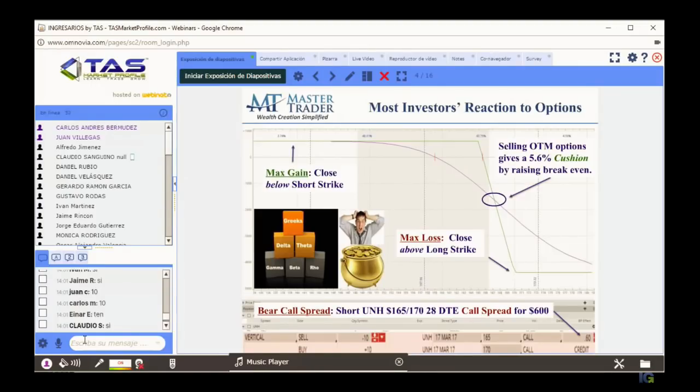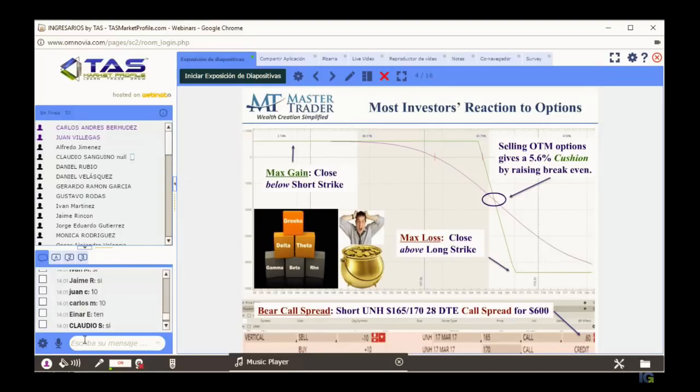Instead, we're going to help show you how to turn opportunity into a pot of gold, so to speak, with superior risk to reward profiles, and we're going to show you a number of examples to highlight it. But this particular trade here is what's called a bear call spread.